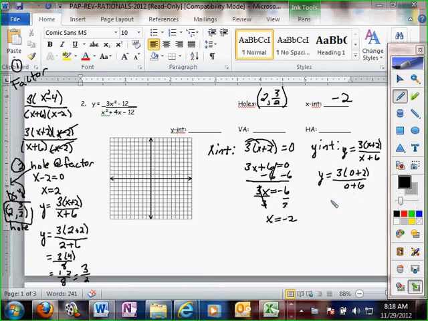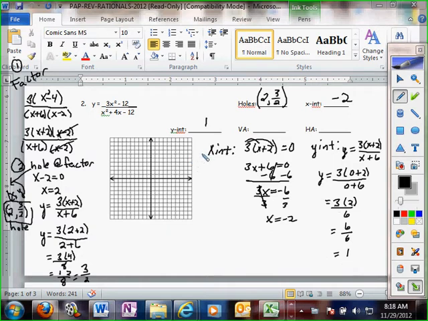You should know by now that the x value of the y-intercept is 0. So that's why we plug in this 0. Okay? So I simplify, and I get 3 times 2 over 6, which is 6 over 6, which is 1. So the y-intercept is 1.